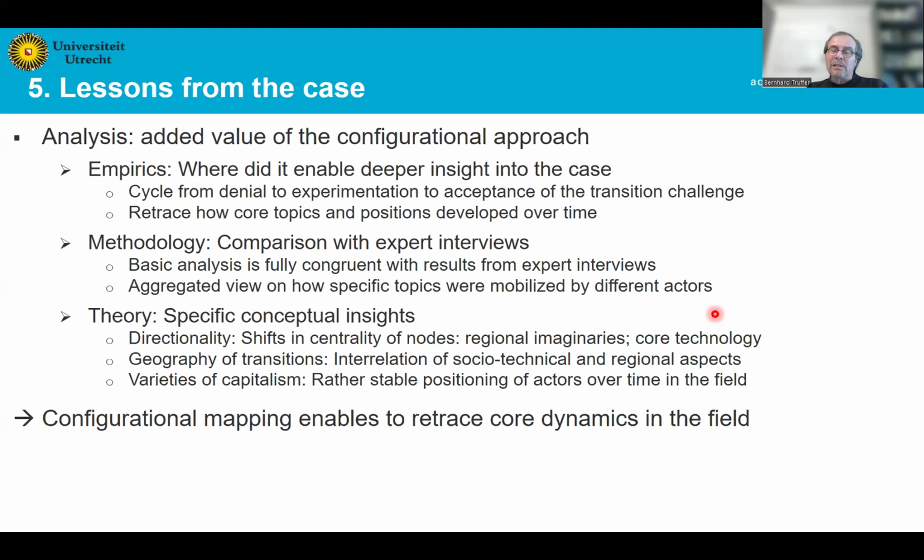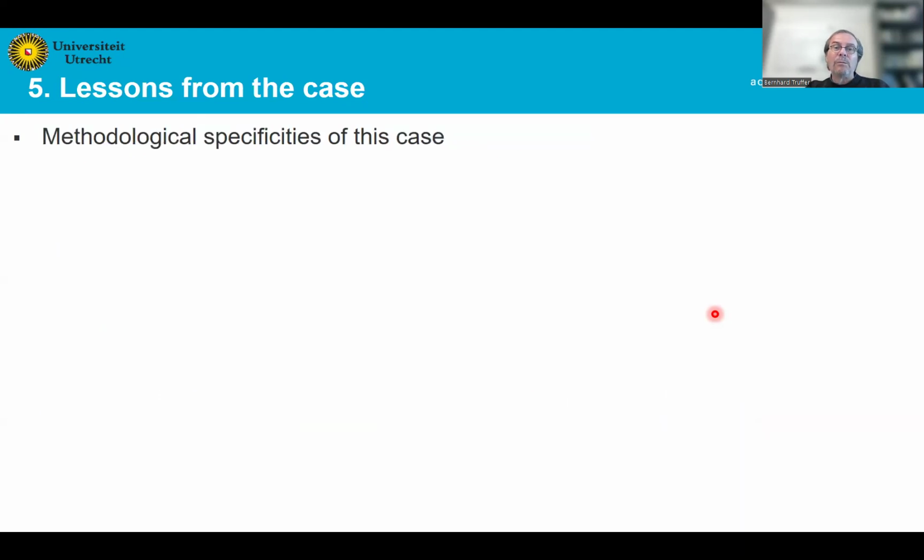It is a systematic way to do that, similar to what we normally do with expert interviews, but in a sense, we can be more transparent with regard to the interpretation of how we came to these bigger patterns. Last slide on lessons from the case.